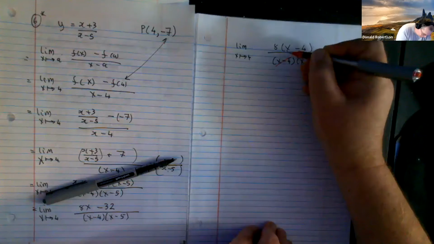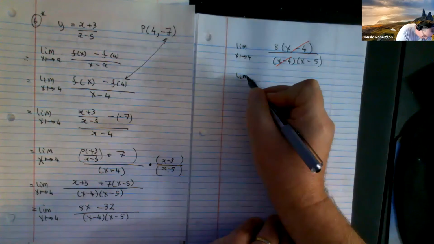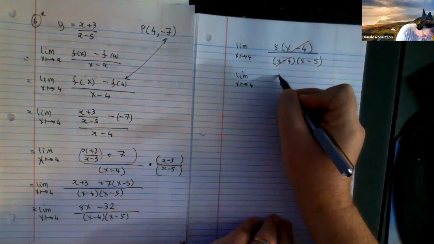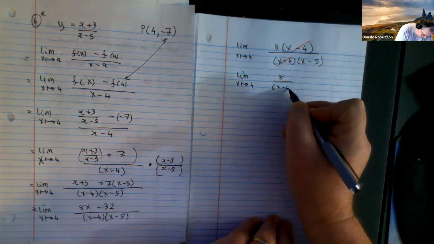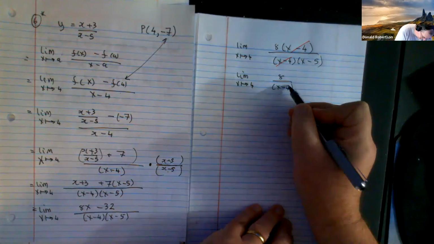Because you can now cancel. And what you're going to be left with? Well, it's going to be the limit as x tends to 4 of that guy.